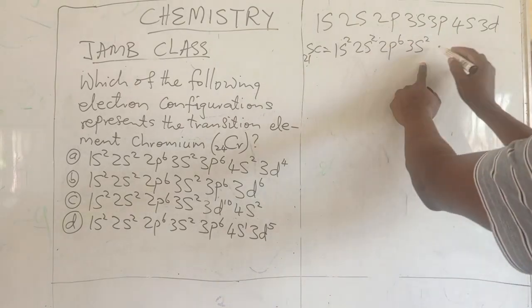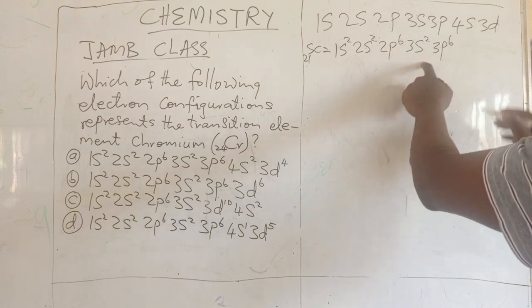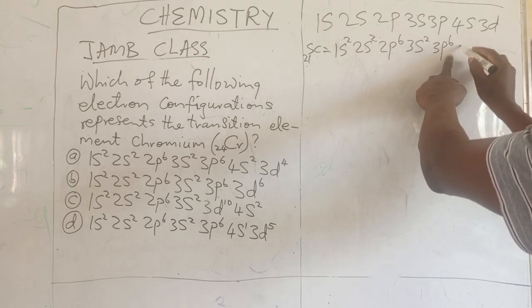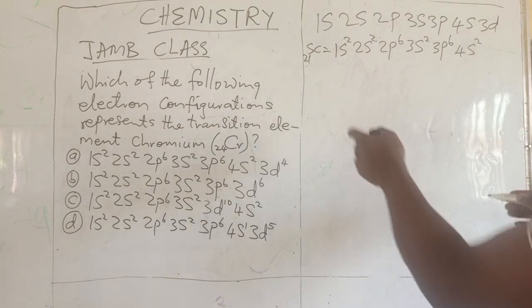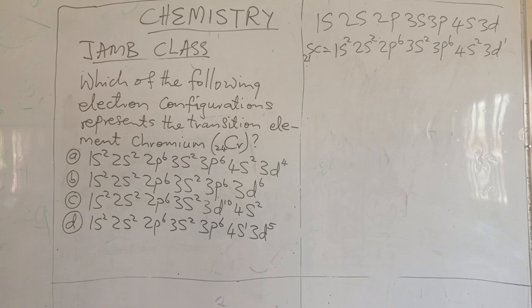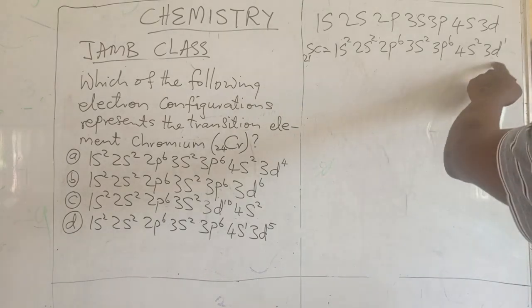That's 12. 12 plus 6, 18. 18 plus 2, 20. From 21, we have one left. 3d1. That's what you have for scandium.